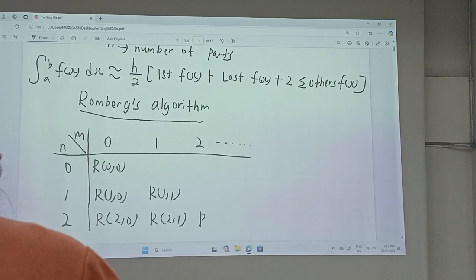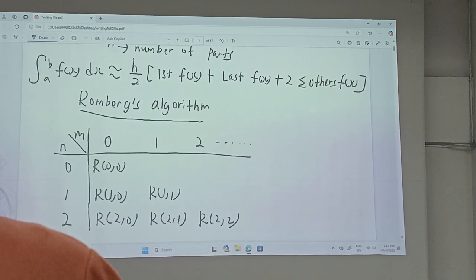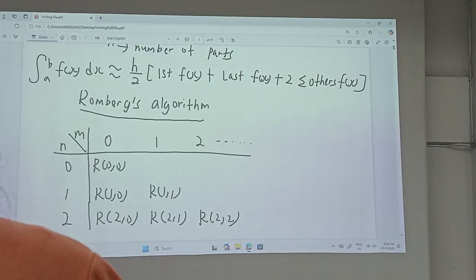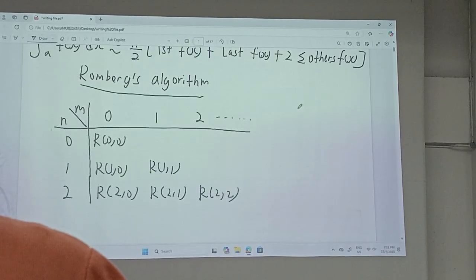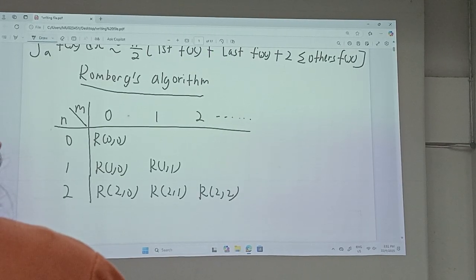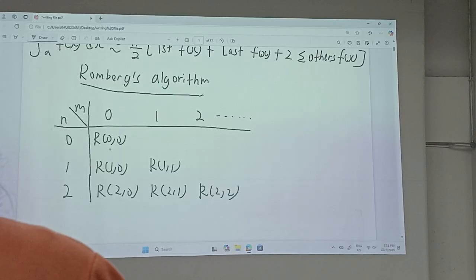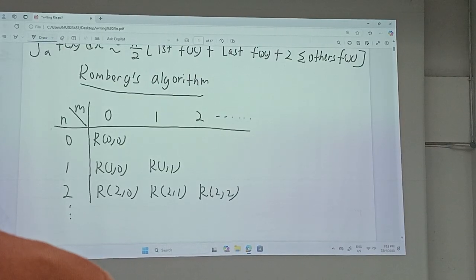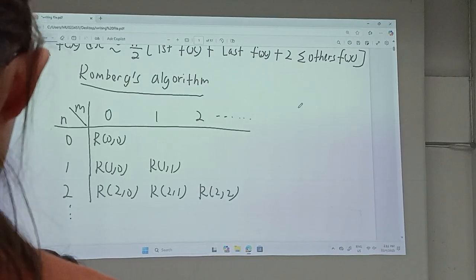And then here will be R22. So you will form a lower triangular. Okay, lower triangular. So we need to find out the values here one by one, column by column.